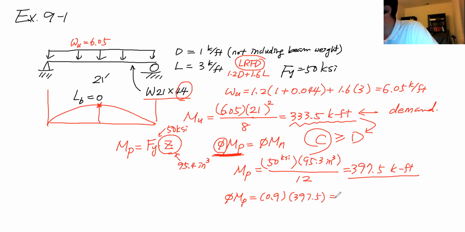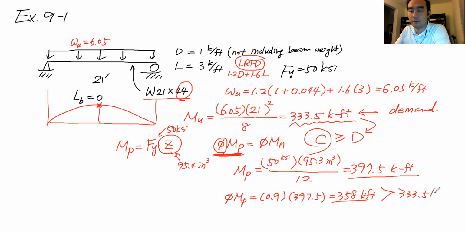That is 358 kip-feet, which is larger than 333.5 kip-feet, the factored demand, right? So the answer is yes. Our section is good and strong enough to hold this load. So that is example 9-1.